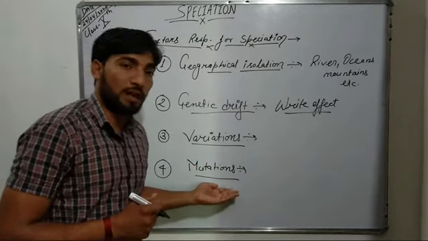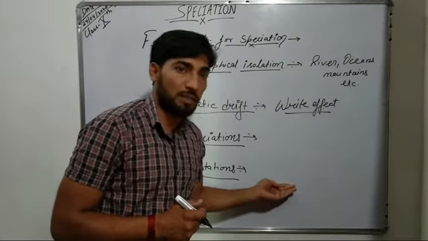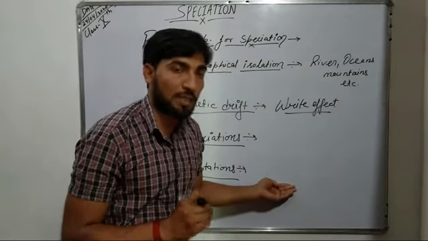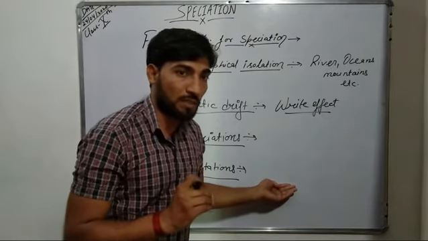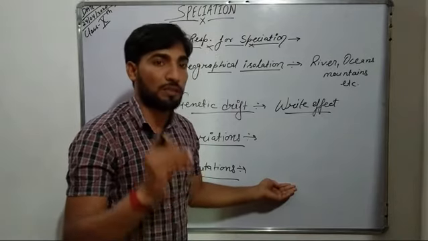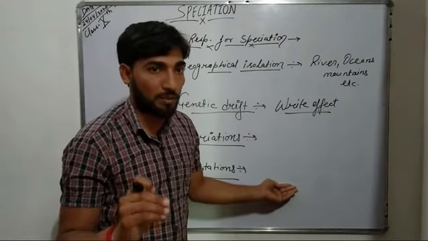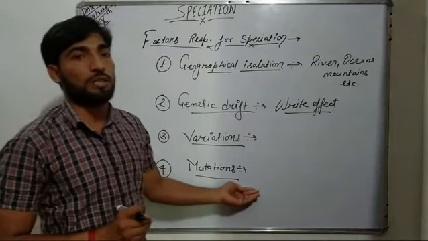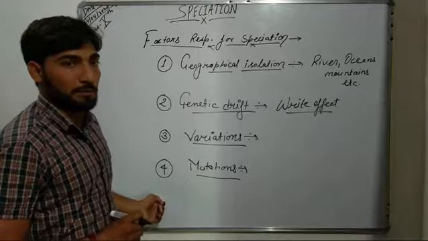So these mutations are sudden, random, inheritable changes, and they result in reproductive isolation of a section of population from its parental population. So these mutations are also responsible for causing the process of speciation.